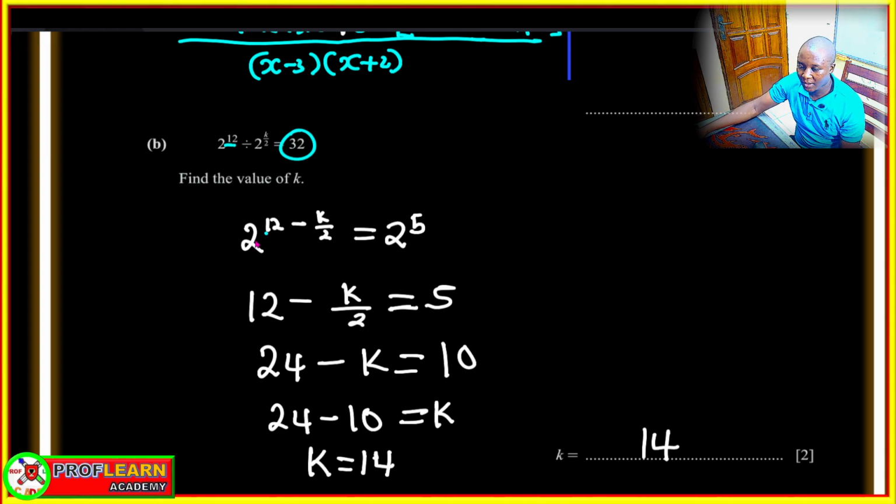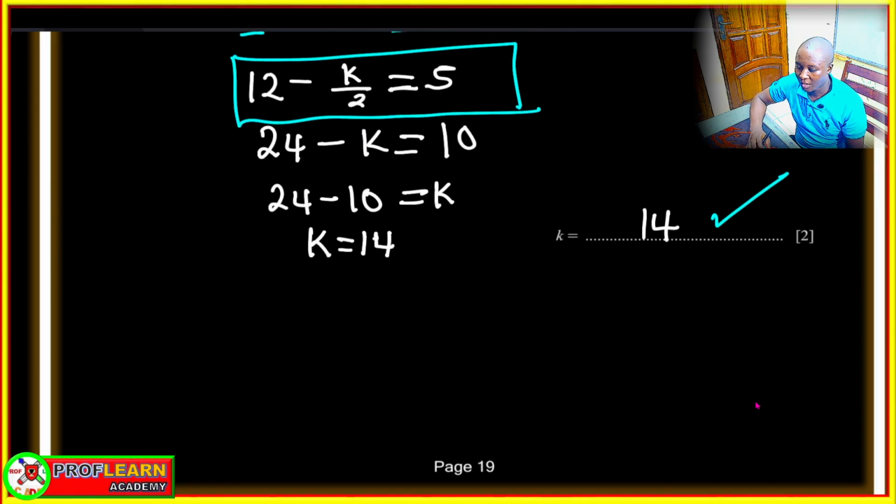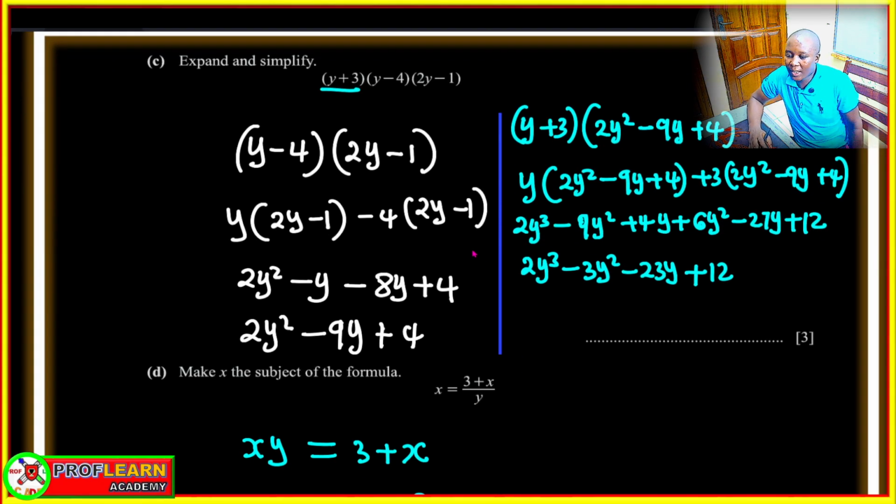Then, since the bases are the same, we can equate the powers by saying 12 minus k over 2 is equal to 5. And multiplied by 2, you will get 24 minus k is equal to 10, and our k translates to be 14.